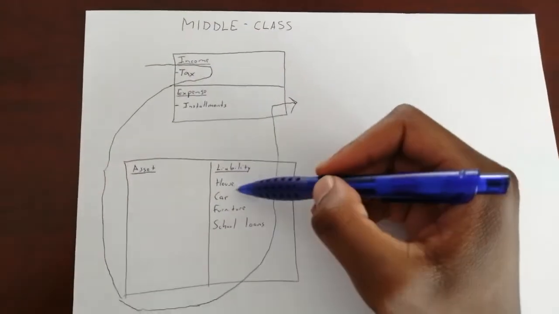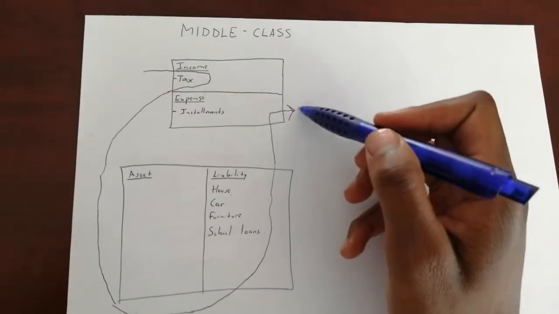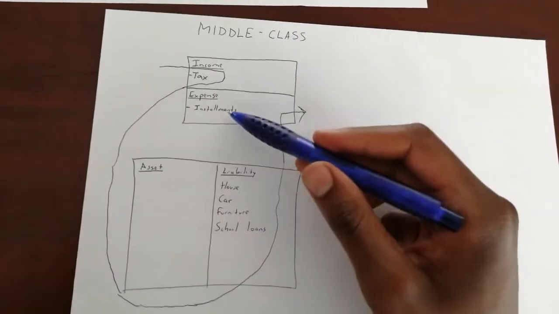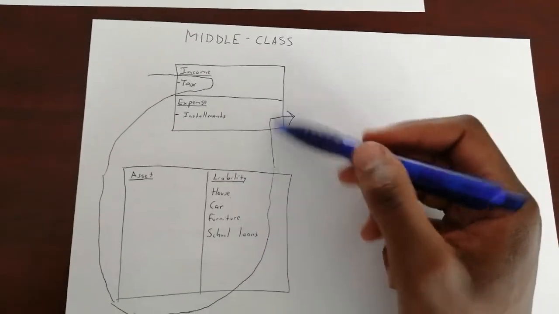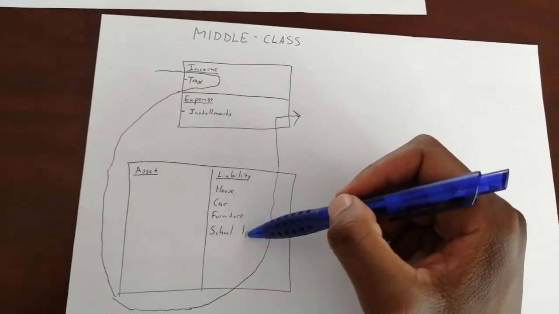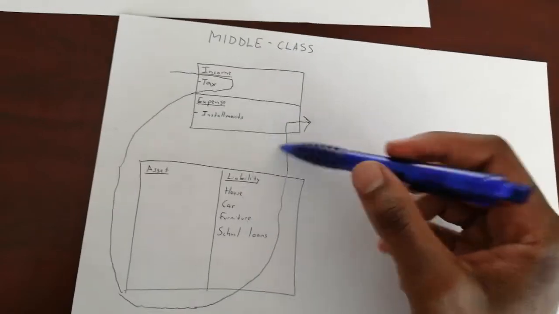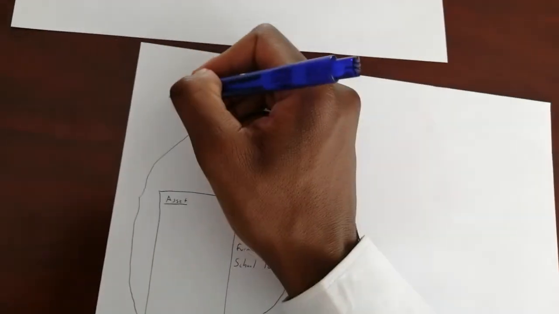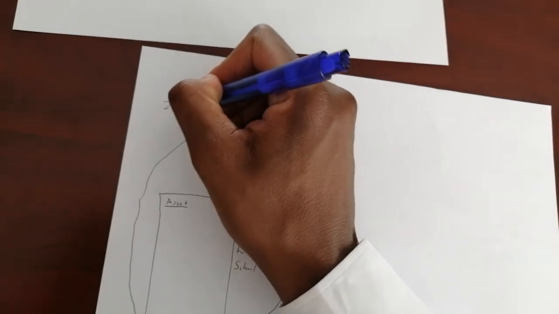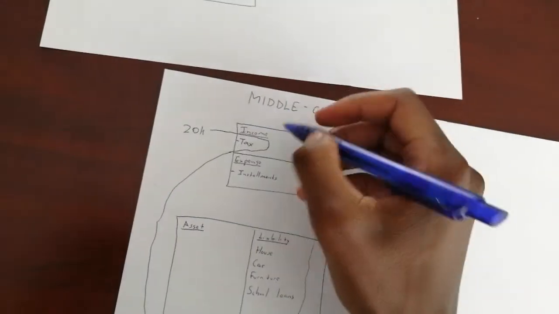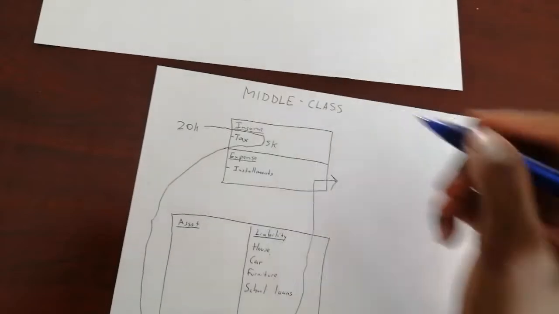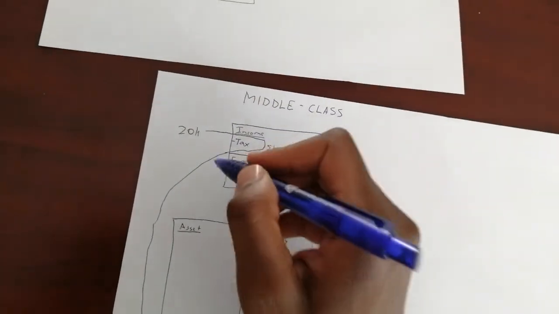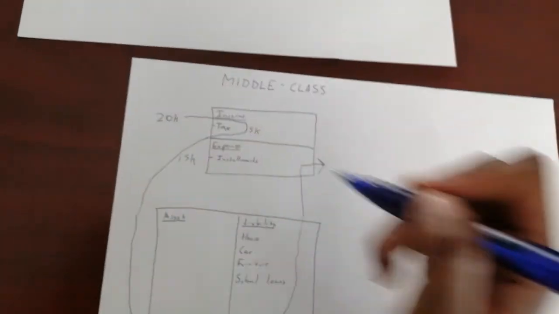So their house installments take out their money, their car installments take out their money, the loans they take on furniture, and the school loans they had to take for them to get their job that pays them this money in the first place. So if they, for example, earn 20k, maybe 5k of that 20k is taken by tax, and they only have 15k remaining to themselves.